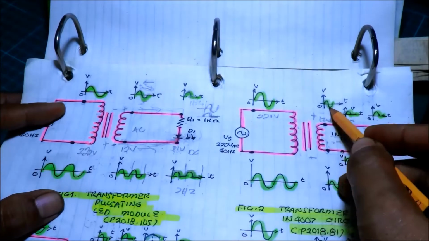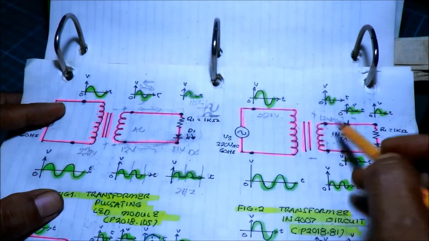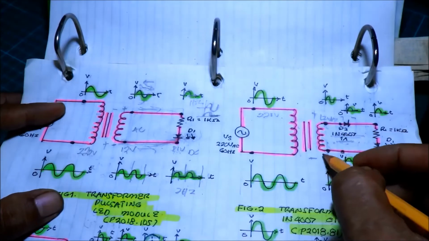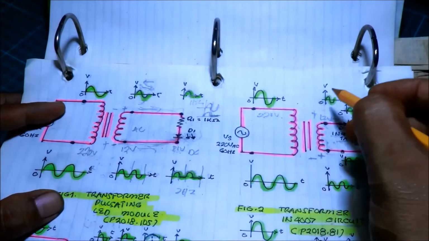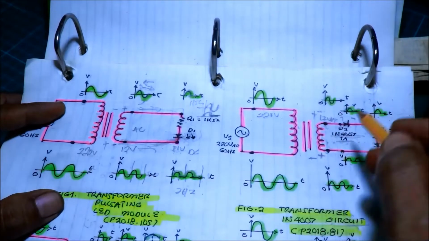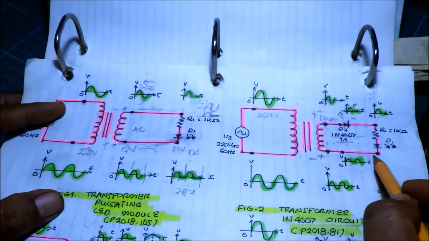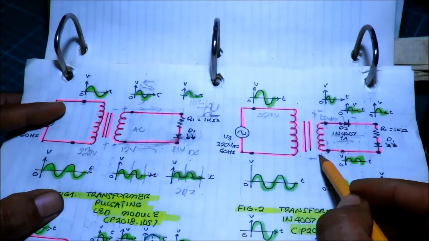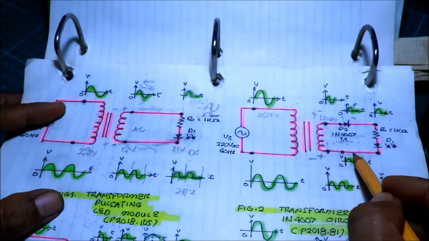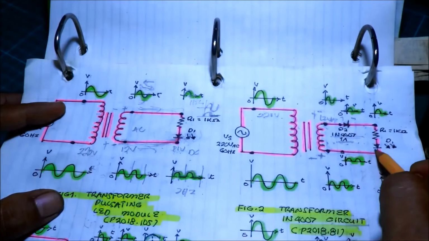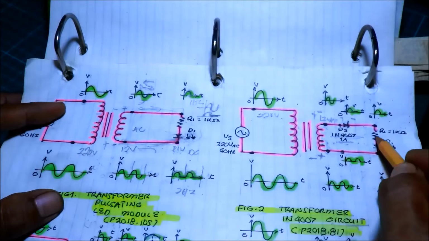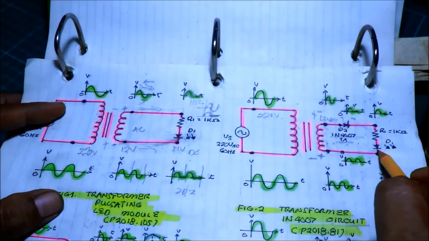Since this is alternating current, still the 12 volts, during the reverse of direction of the current, this now becomes positive and this becomes negative. Current now travels here. That is the conventional current flow from positive to the load, and it will not close here because this is reverse bias.